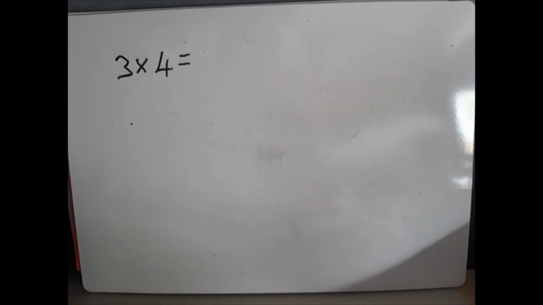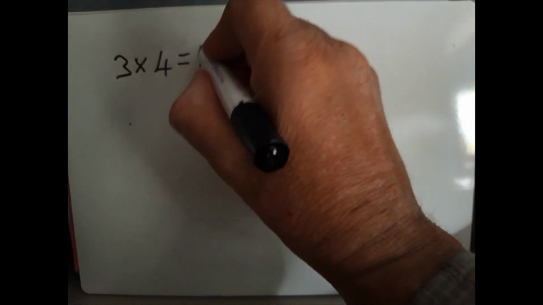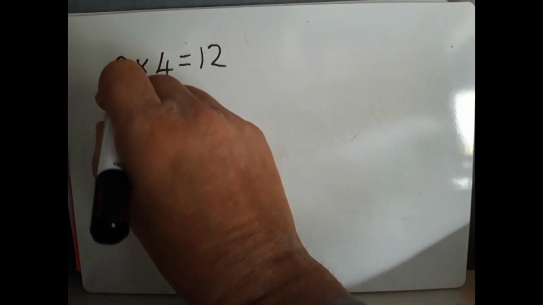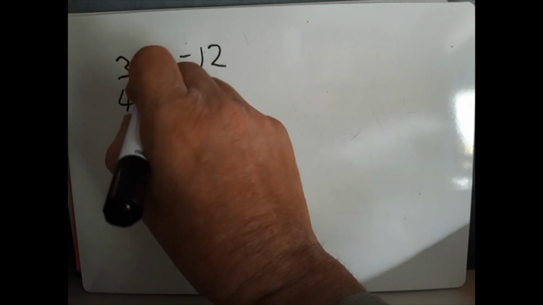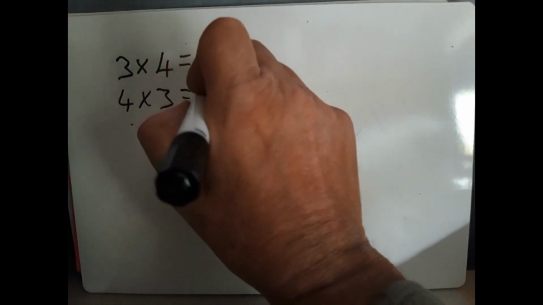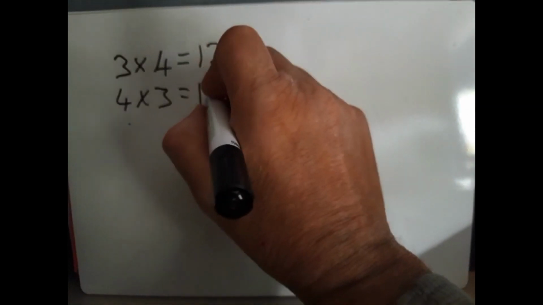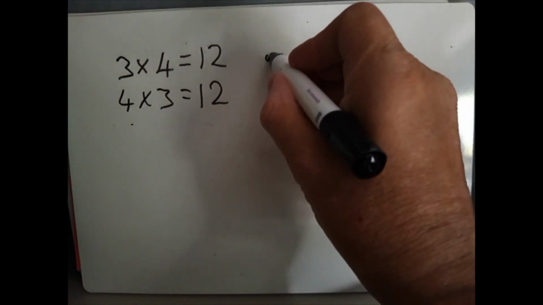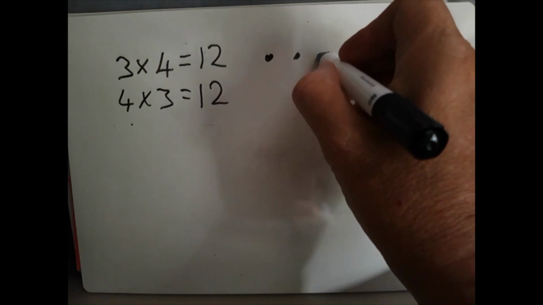If you know 3 times 4 is 12, you will automatically know quite a few new number facts, because you will already know that 4 times 3 is also equal to 12. We can demonstrate that using an array.